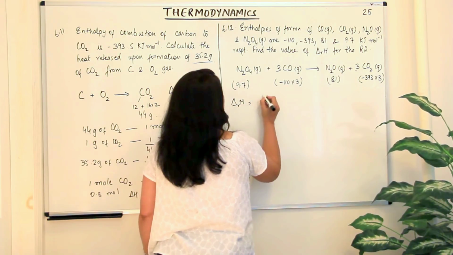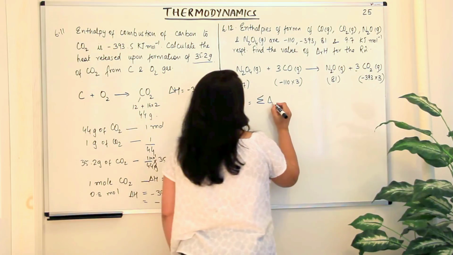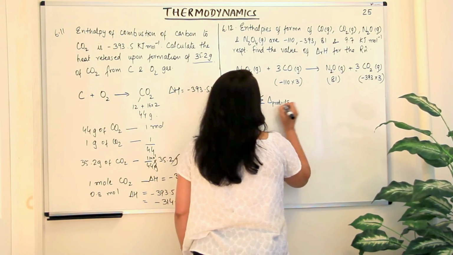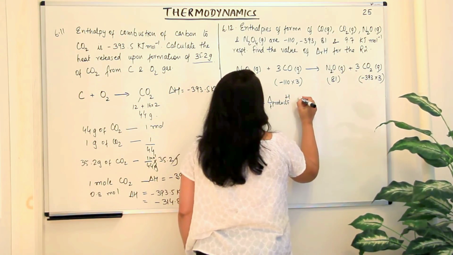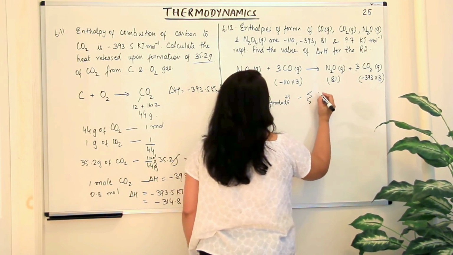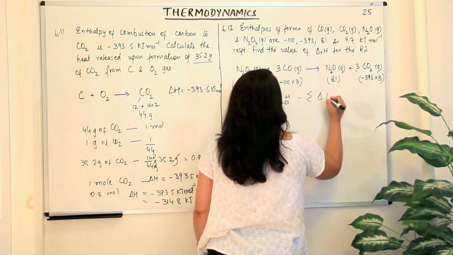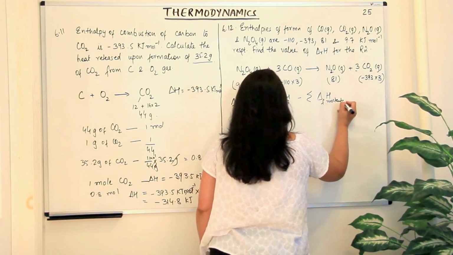And what is it equal to? It is the summation of enthalpies of formation of products, minus the summation of enthalpies of formation of reactants. Right?